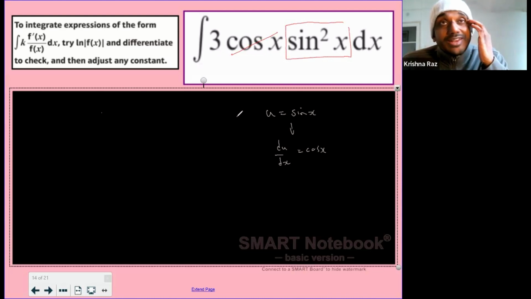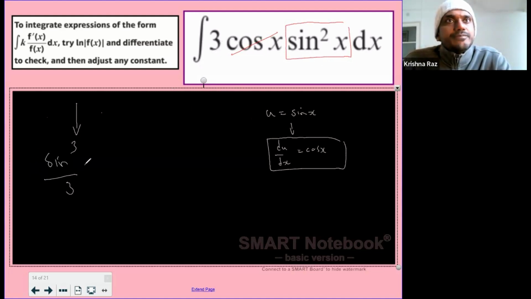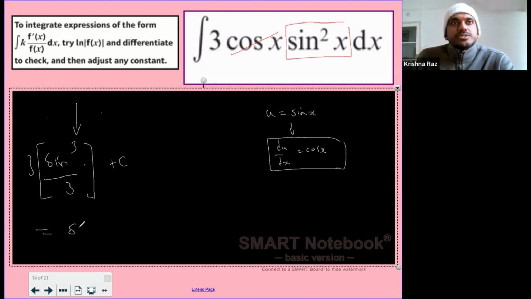We do not have an extra constant to take into account. You can see that here. So it's simple, the answer will just be sine cubed over 3 times that constant of 3 that's already there, plus c, which will equal sine cubed x plus c.